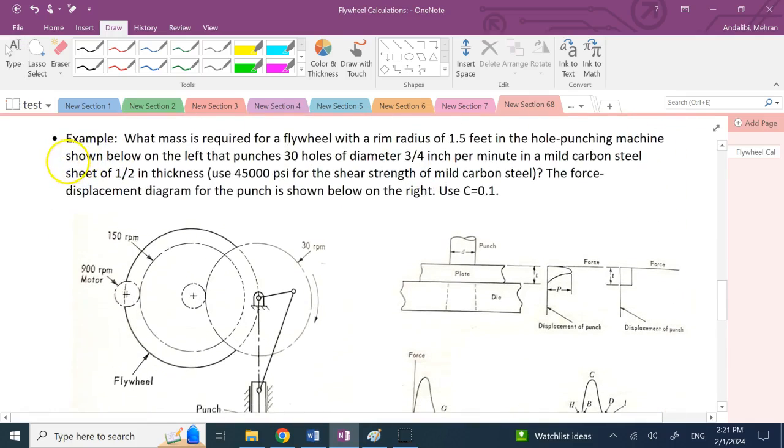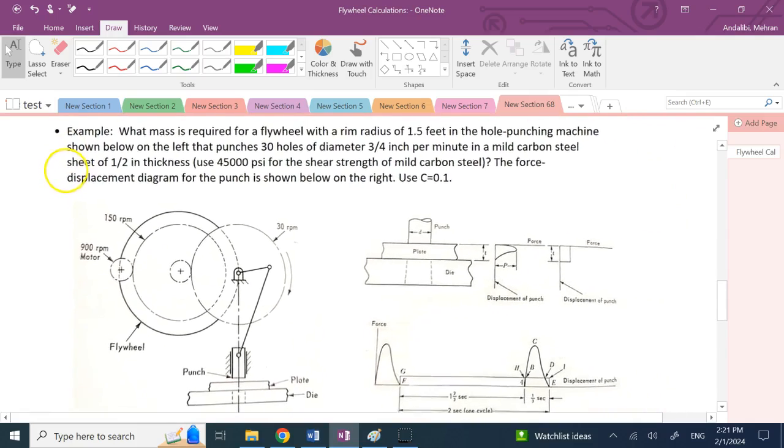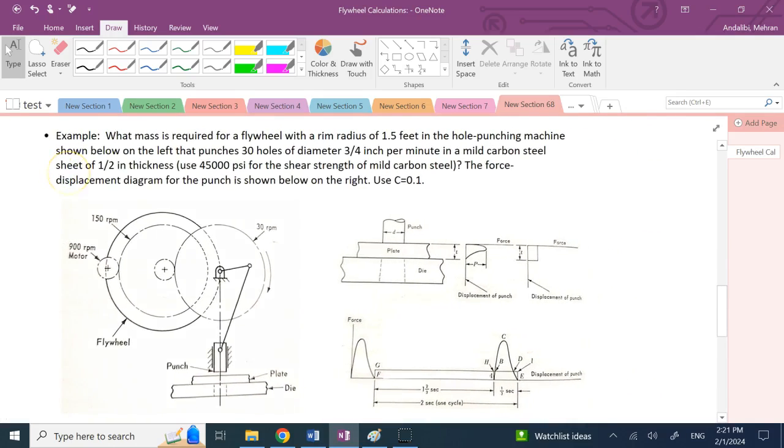Now let's look at a physical example here. So here we have a punching mechanism where you have a motor, and this motor is driving this flywheel through basically timing belts. The RPM of the motor is 900. The RPM of the flywheel goes down to 150 through the reduction, but it gets higher torque.